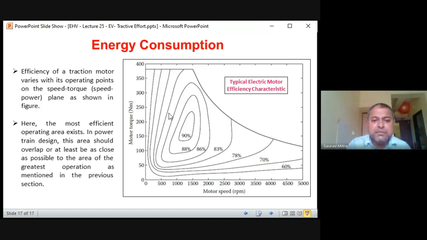But for maximum efficiency, the torque is around 220 or 230. So the range is around 120, 130 up to 220, 230. This is the range of motor torque for maximum efficiency, and the speed range is 1000 to 1500 rpm.